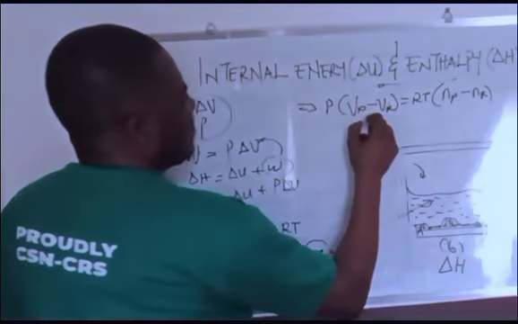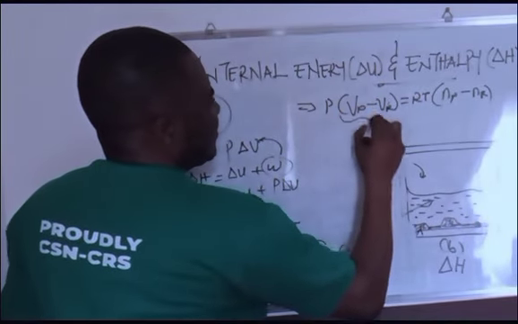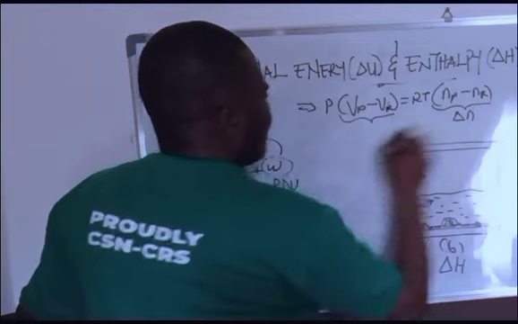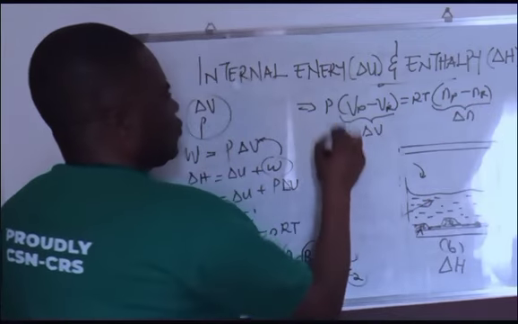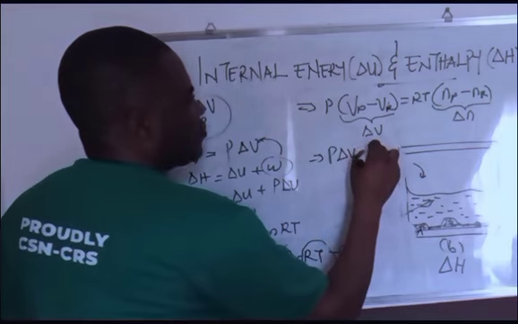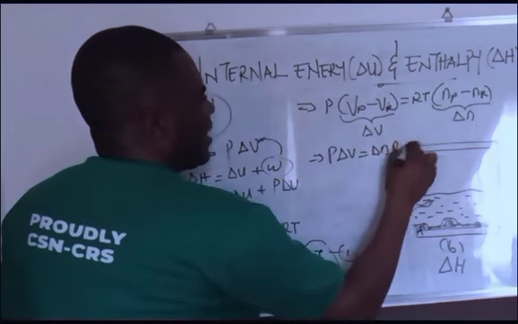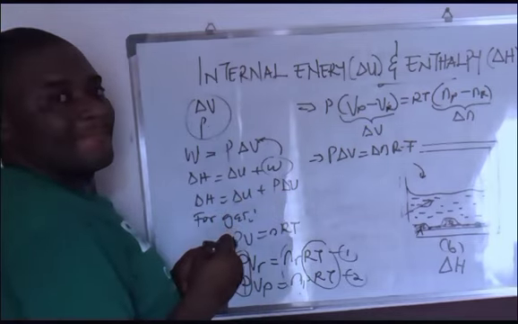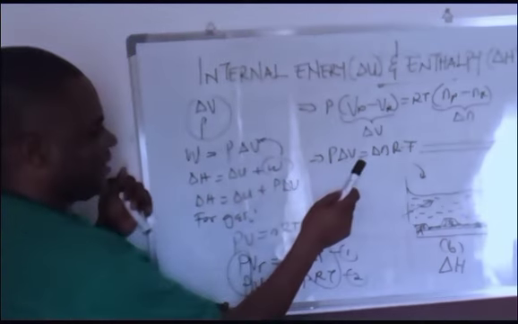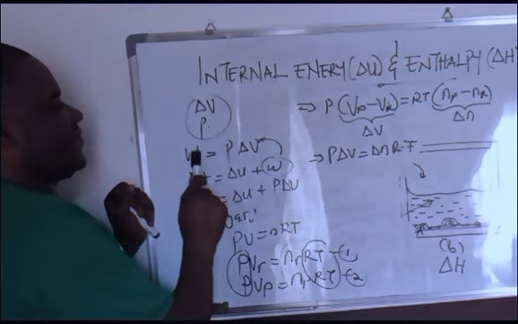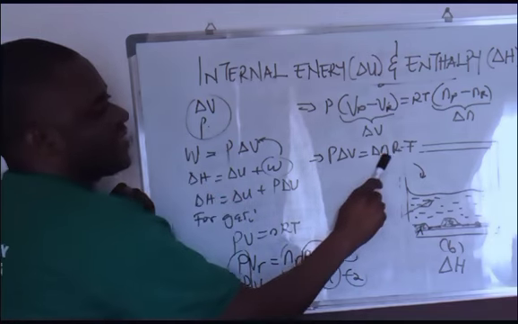In that case, this is changing n and this is changing V. So it's something like saying P change in V is equal to change in n RT. That is what you're having. It brings you back to P change in V in this your equation. It means that W is change in n RT.